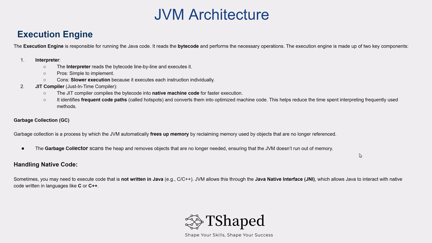In that case, the Java Native Interface is used, which allows Java to interact with native code written in languages such as C or C++. Very often you might not see this unless you have used libraries or extensions coded in other languages. Usually the JVM internally uses the interpreter, which converts the entire bytecode into a machine-understandable format line by line, and to support the interpreter, sometimes the just-in-time compiler gets used.